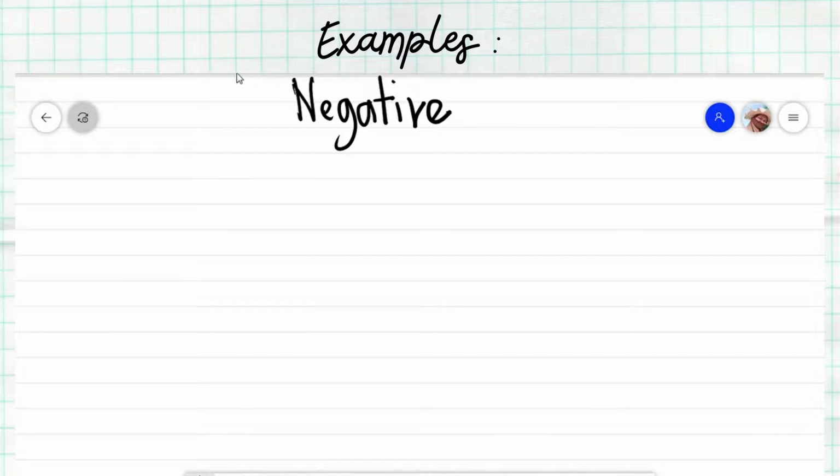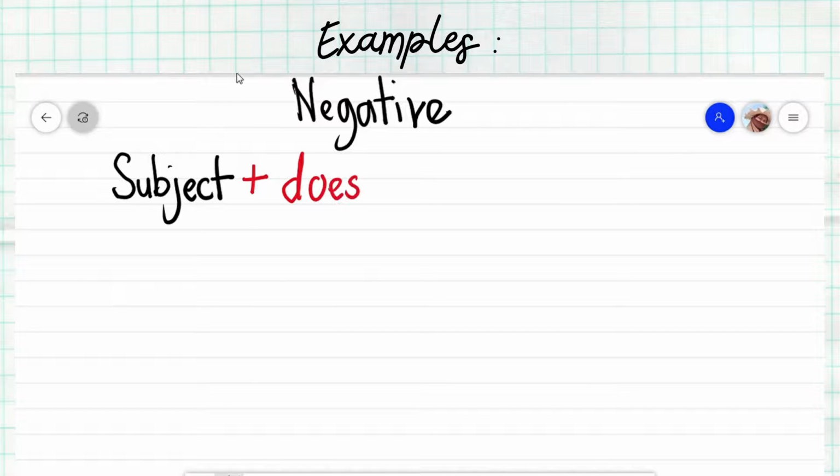Okay, you need to have subject. Just like the affirmative form, seperti affirmative tadi, kena ada subject, and then after subject you must put does or do, ataupun do. Macam mana nak pilih? You must look at the subject. Kena refer kepada subject semula lah.